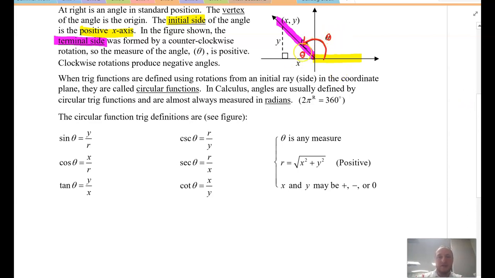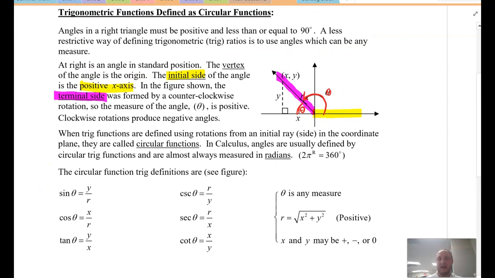So for instance, if this is theta, my sine function would be y/r. That's just the main idea here. This is an angle that's in standard position, and then we also have coterminal angles, angles that end in the same location, and they'll have the same exact values. So coterminal angles. There's an example.